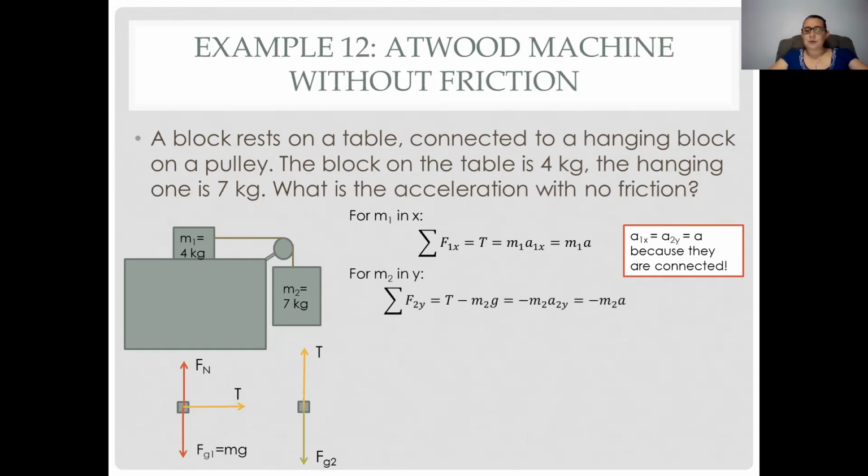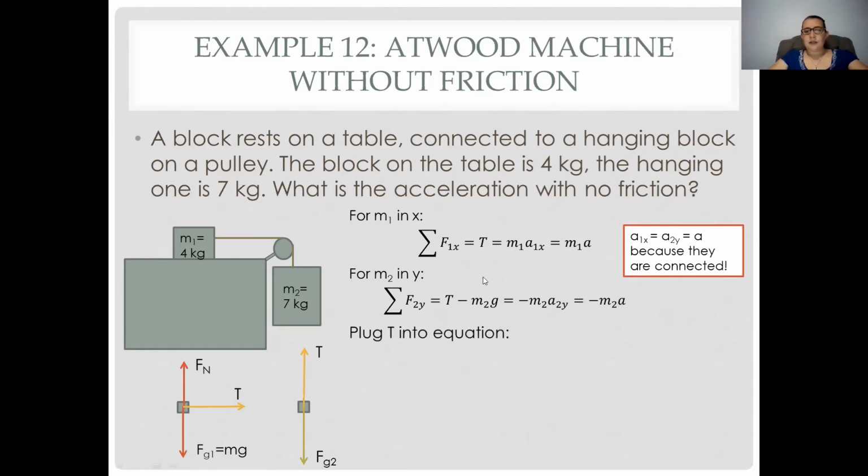For mass 2, this one's moving in the y direction. So the sum of the forces in the y direction is tension upward minus the force of gravity downward, and that equals negative mass 2 times acceleration. Again, that acceleration is negative because it's downward, we're assuming, and so that would be in the negative direction.